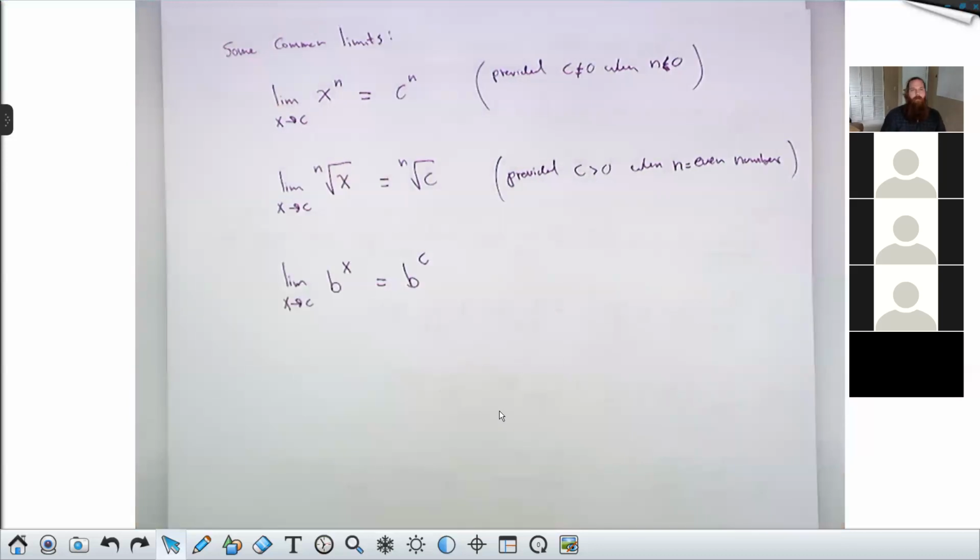That's essentially what we're saying with each of these common limits: that you can calculate the limits of these nice functions just by plugging the value c in for x, as long as everything is happy domain-wise, right? So as long as you're not taking an even root of a negative number or trying to raise 0 to a negative power, you can just plug in. So these, together with that theorem on common limits, are enough for us to start crunching out quite a lot.